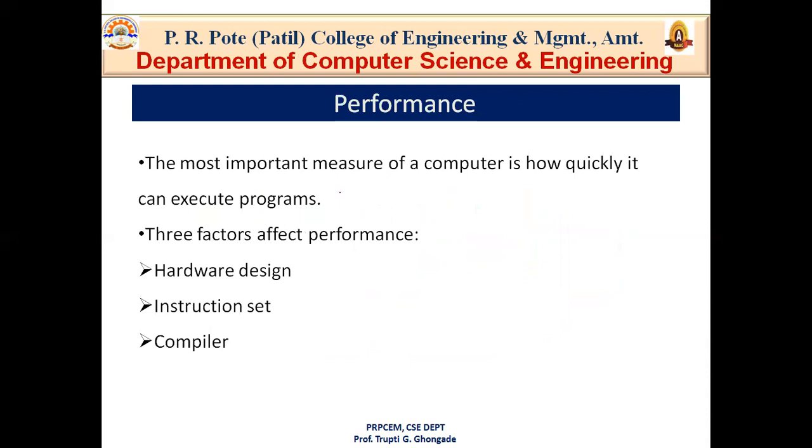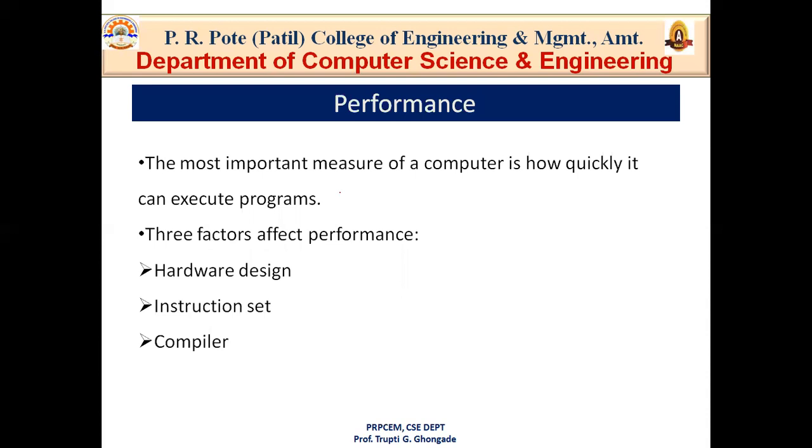So the most important measure of the performance of a computer is how quickly it can execute a program. So how quickly can our processor execute a program? If your processor executes a program very fast, it is directly proportional to the performance of your computer system.